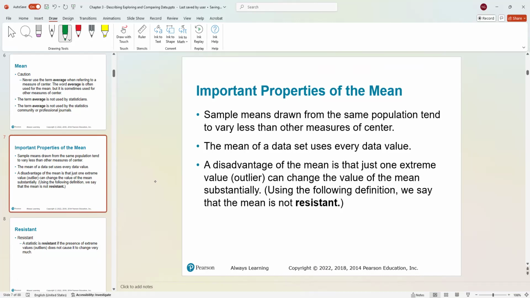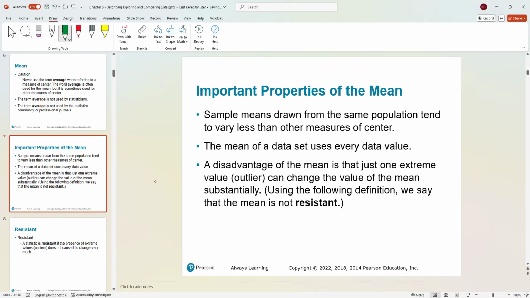If they get paid a lot of money, then that would affect everything. So the disadvantage of the mean is that just one extreme value that we call an outlier can change the value of the mean substantially.